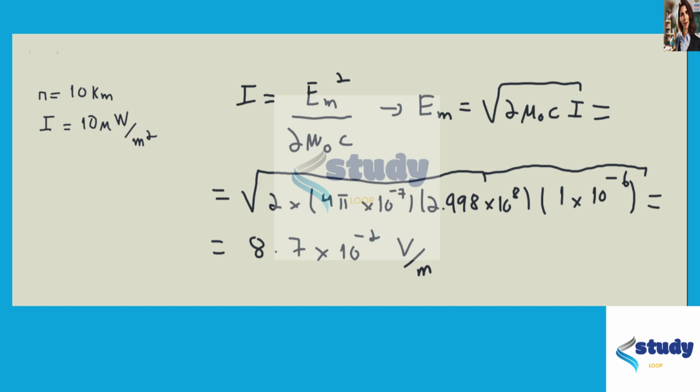Now the second part, they want the magnetic component. So because we have the electric component, we can just find the magnetic component by dividing by c.